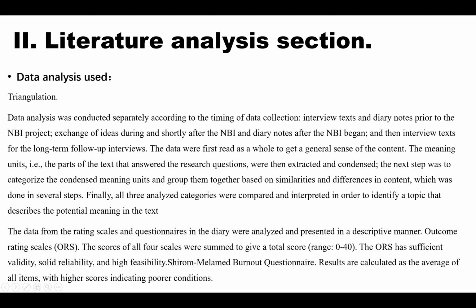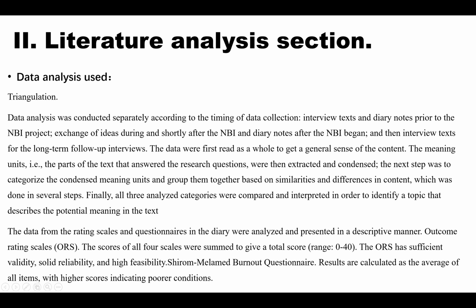The data were first read as a whole to get a general sense of the content. The meaning units, for example the parts of the text that answered the research questions, were then extracted and condensed. The next step was to categorize and condense the meaning units and group them together based on similarities and differences in content, which was done in several steps.